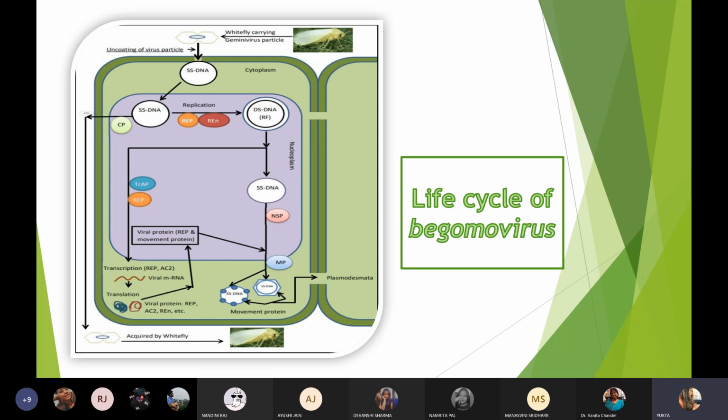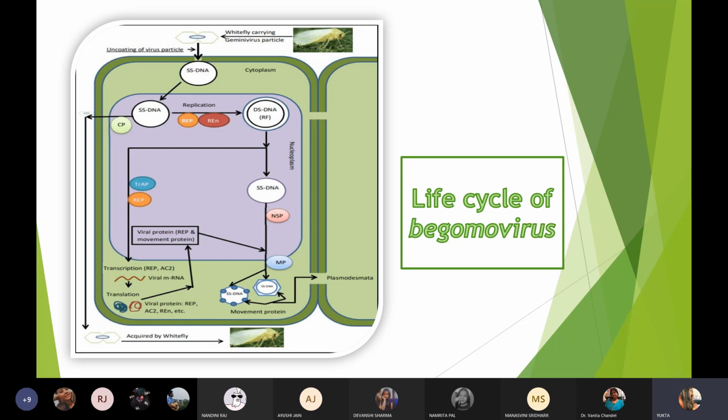Then this mRNA codes for several viral proteins like Rep, REn, AC1, AC2, AC3, etc. Also, when the double-stranded DNA replicative form is turned into single-stranded DNA, it interacts with the NSP to form again the single-stranded DNA-NSP complex, which shuttles the viral single-stranded DNA between the nucleus and the cytoplasm.